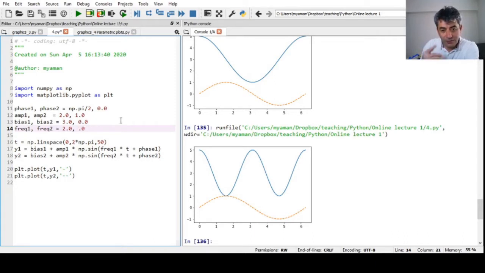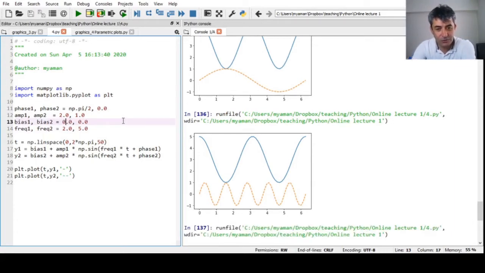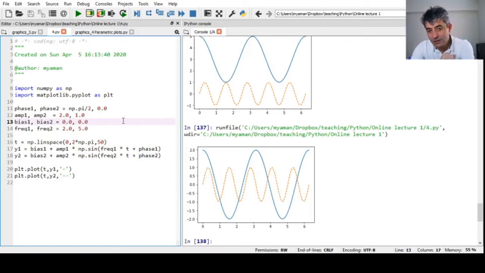So let's make the frequency of the second curve 5 and the first one still 2. Let's see. Now this is a higher frequency and that's a lower frequency. And that's the amplitude. We discussed the phase and the bias. So let's repeat that by first getting rid of the bias. I make the biases equal, so that will bring the second curve back around 0.